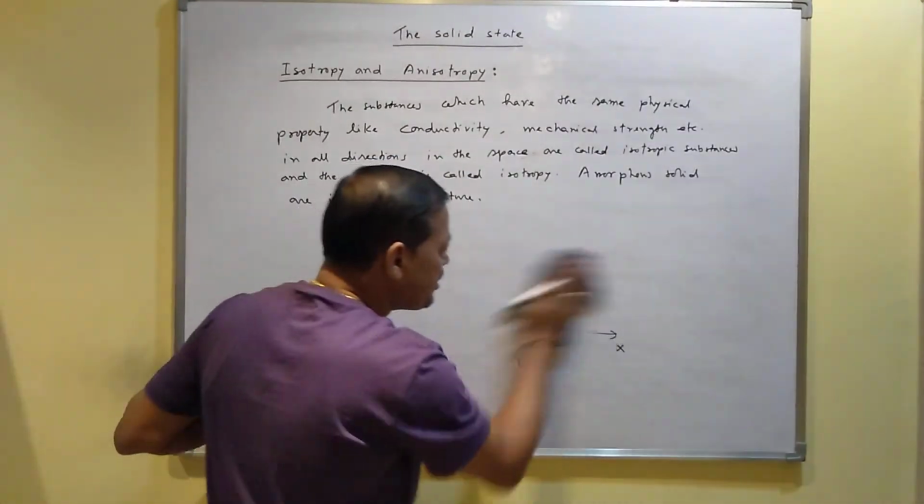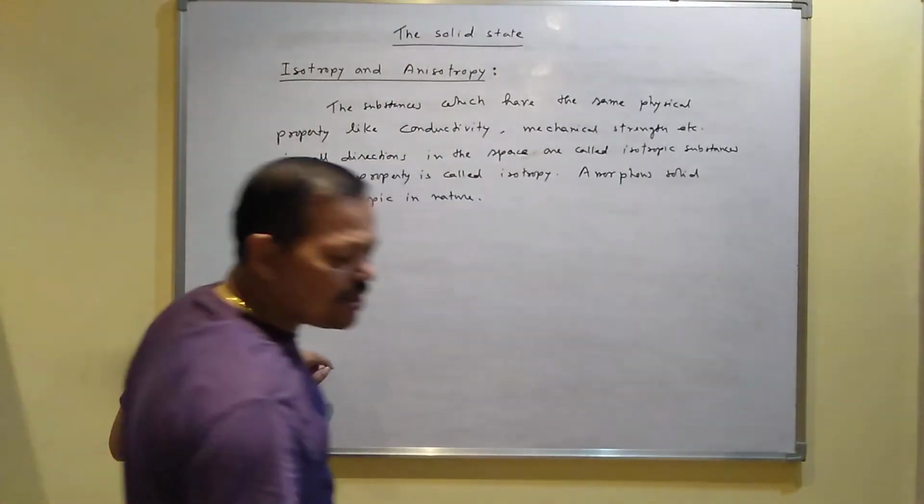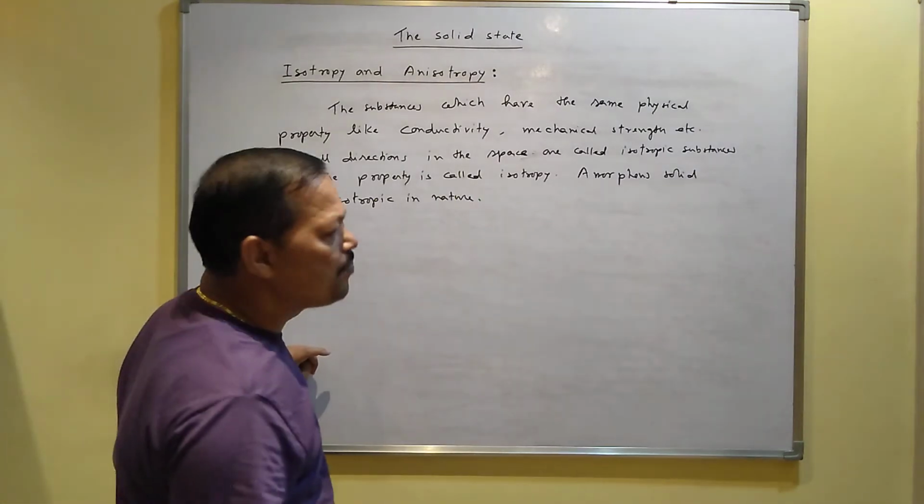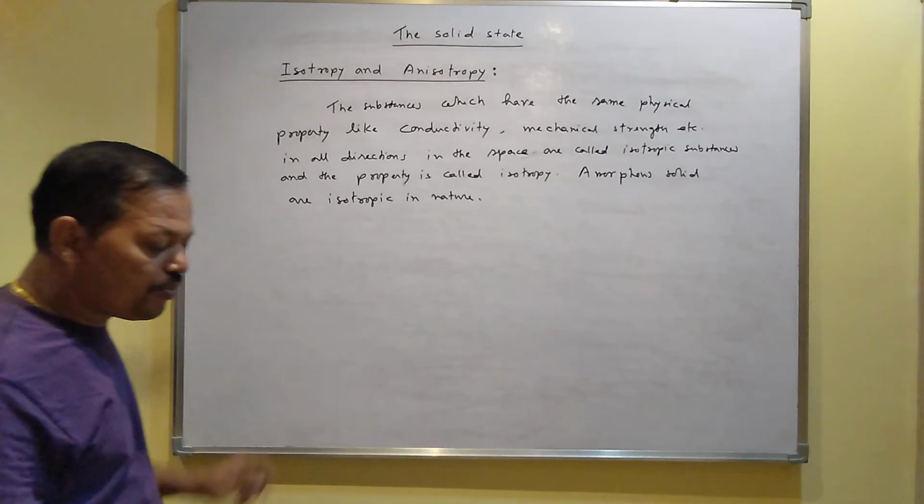But there are some substances which give different values in different directions, then it is said to be an anisotropic substance.